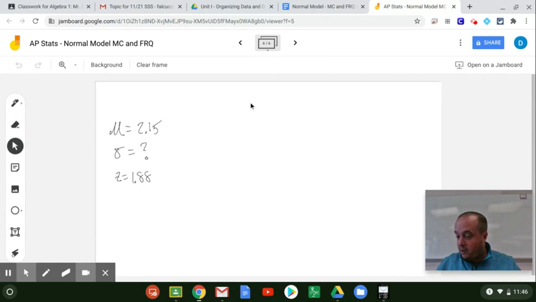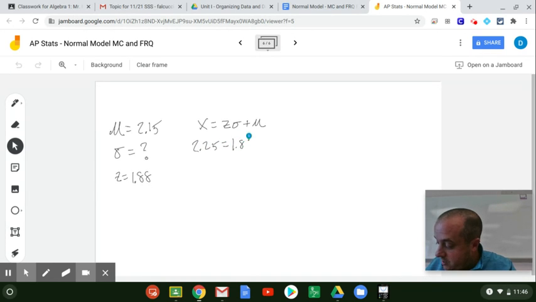So now, again, going back to that formula, x equals z times the standard deviation plus the mean. An overfilled value is still 2.25. My z-score is 1.88. I don't know what my standard deviation needs to be, but I know that my mean is 2.15. So I could simply solve this out.